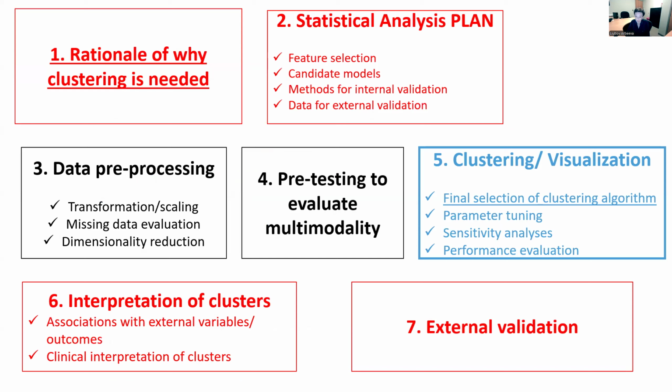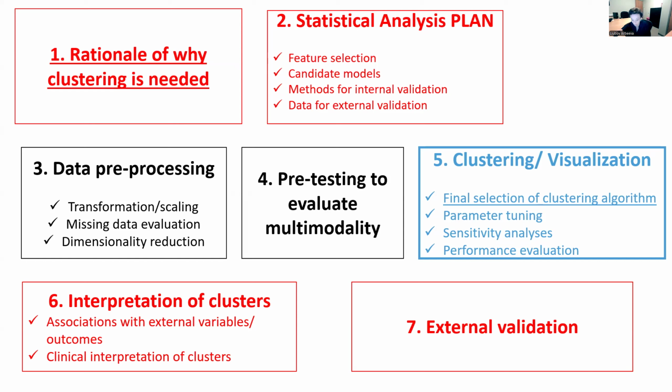So this is a workflow that I have for myself when I do clustering. I highlighted 4 steps in red that cannot be performed without a clinician or biologist. Specifically, the most important initial step is when you ask yourself, is clustering the best choice? Is there any theory supporting heterogeneity in my data? The decision about features that you can use and the clinical interpretation all require a person with a strong background in the field.